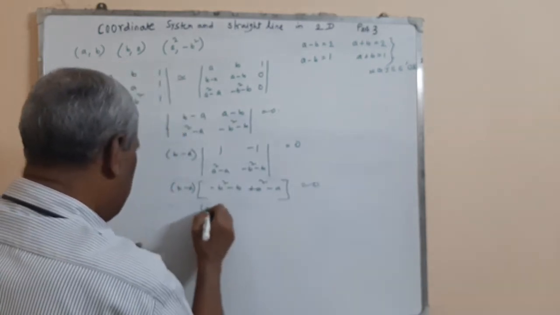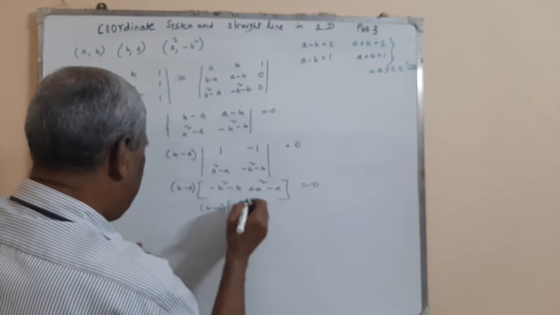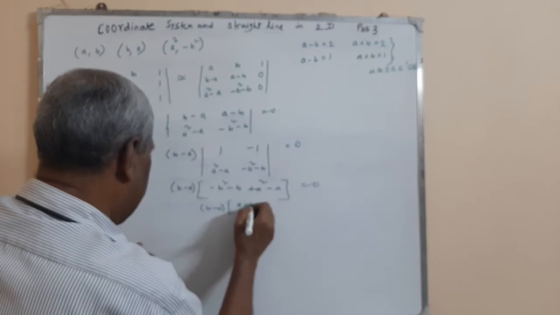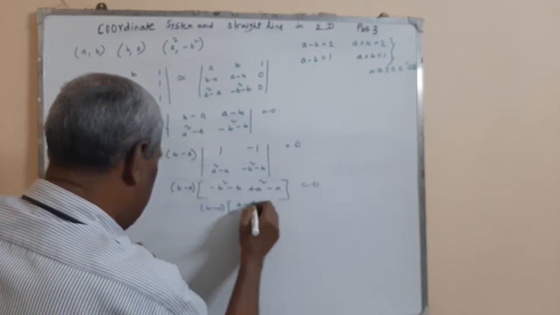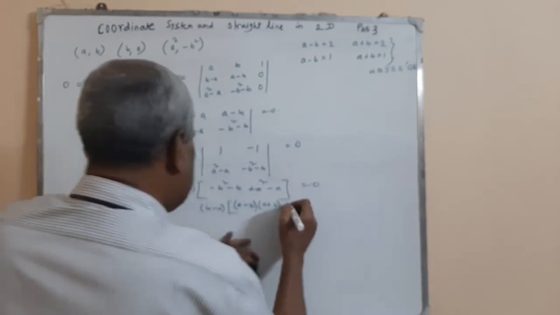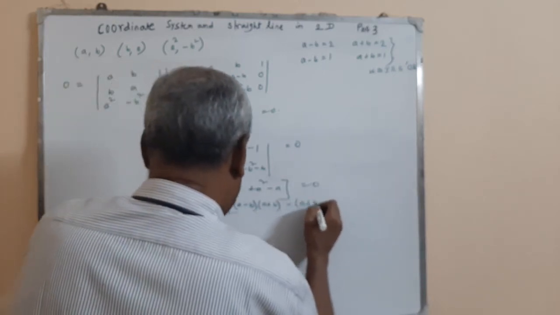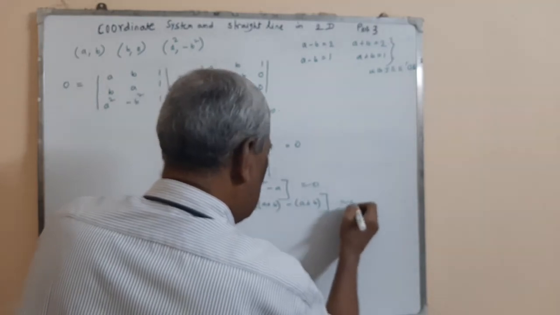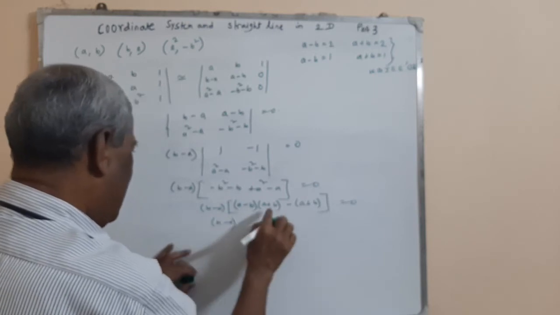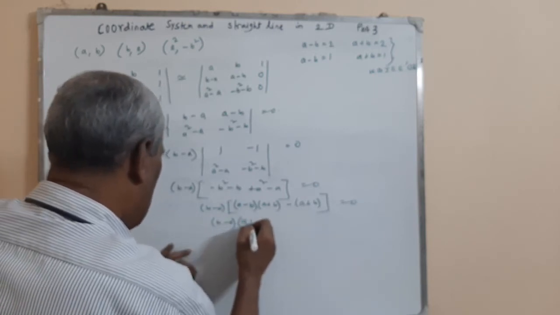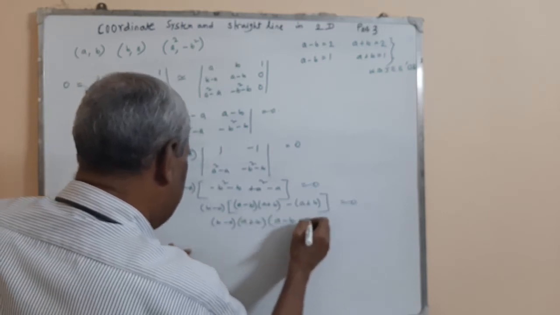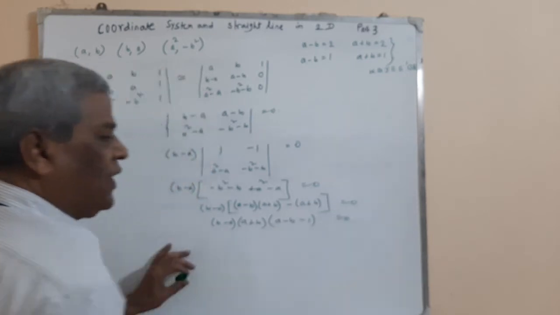That is B minus A into, taking A minus B common, into A plus B minus A plus B, it is equal to 0. That is B minus A, plus B taking common, thing left is A minus B minus 1 is equal to 0.